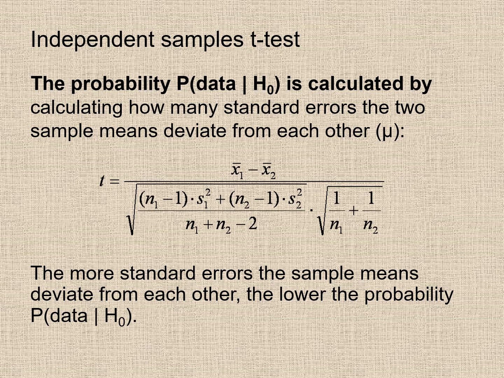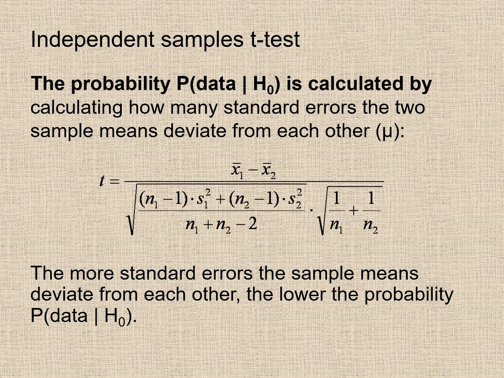And in the denominator, what we have is the standard error of the difference. What we get when we do the calculation of the denominator here is the expected average difference between two sample means that are drawn from populations with the same population mean.